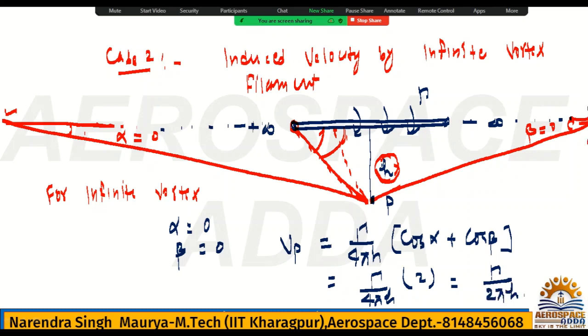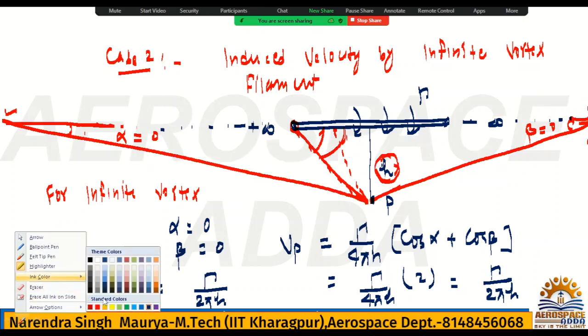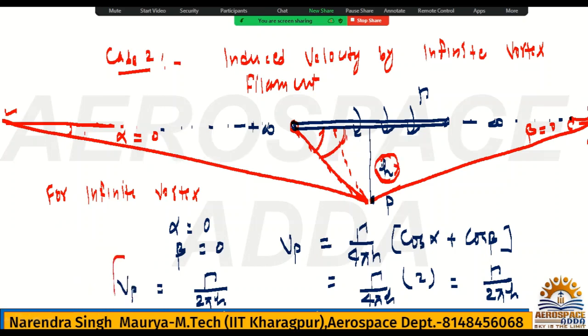Yes or no? Circulation upon 2 pi h. This is the value for the infinite vertex filament. Always remember. So what is the VP? Induced velocity at point P. It is nothing but circulation upon 2 pi h. This is very important.